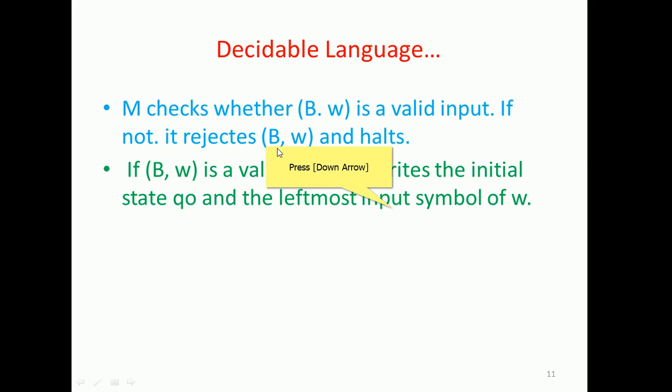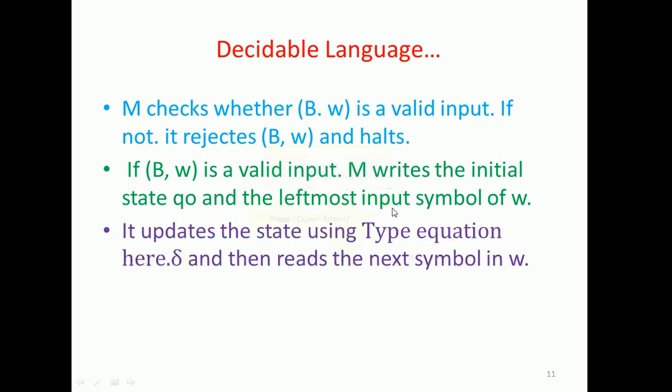If B comma W is a valid input, then M writes the initial state Q naught and moves towards the leftmost input symbol of the string W.